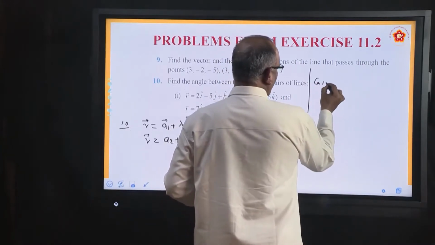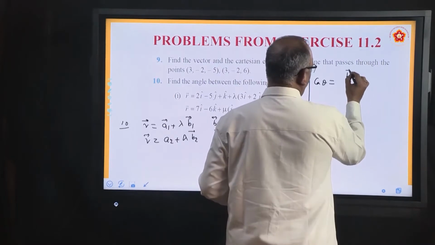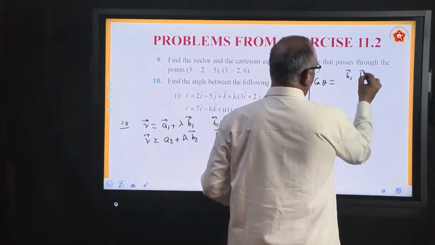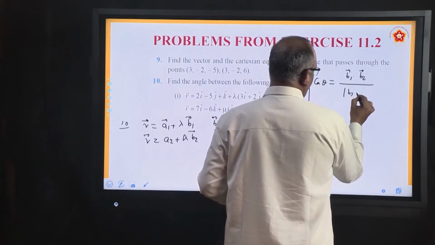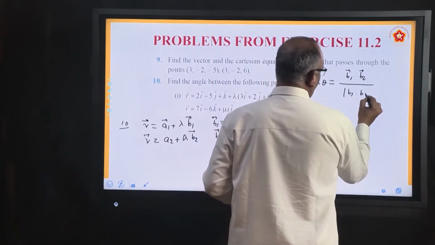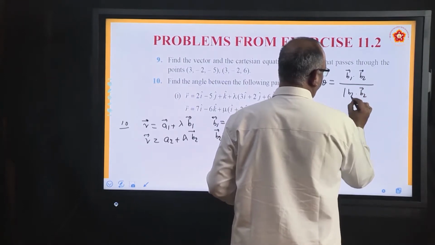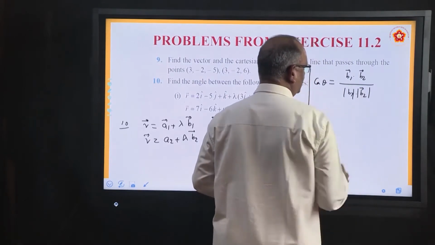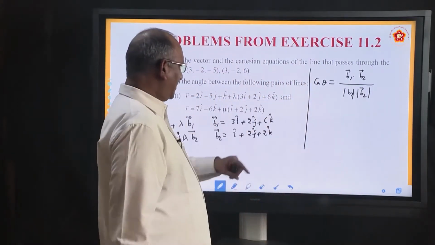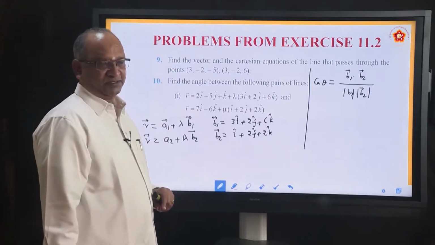cos theta equal to b1 dot b2 upon modulus of b1 times modulus of b2. How do you find b1 dot b2? Simple dot product.